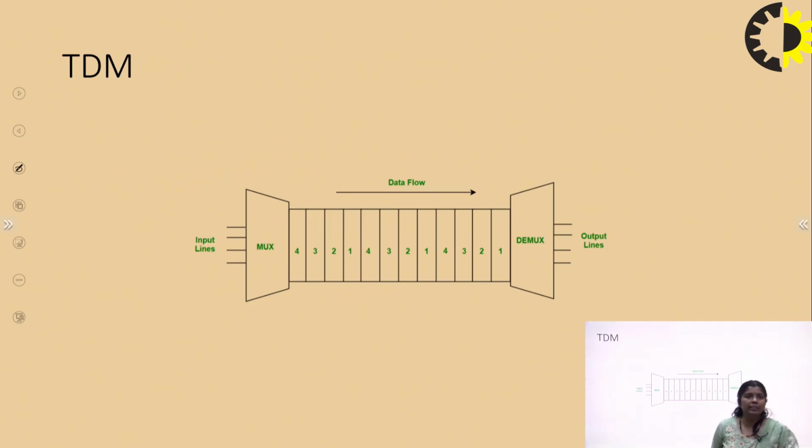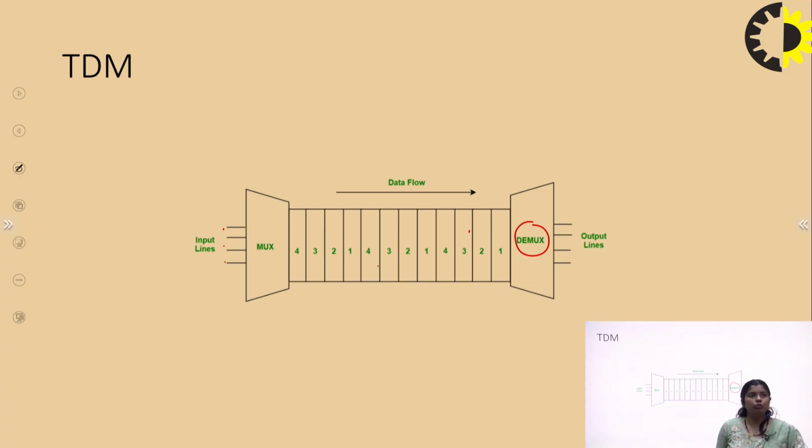So, in time division multiplexing, you can see here there are input lines. These are the input values, and then there is a channel. This is a single channel or a shared medium, because multiplexing means multiple signals are traveling over a shared medium, and this shared medium, or the channel, is traveling, and there is a demultiplexer.